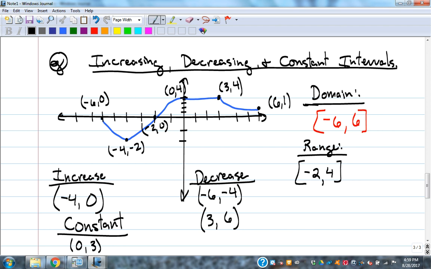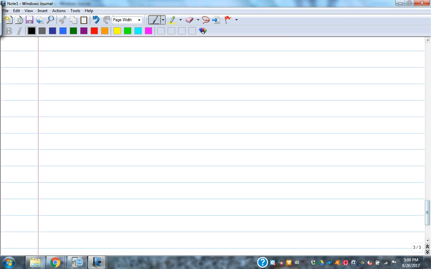All right. Now, let's see here. Local maxes and local mins, and absolute maxes and absolute mins. Okay, we're going to talk about those in theory here, and then do something with the calculator to help us find that.